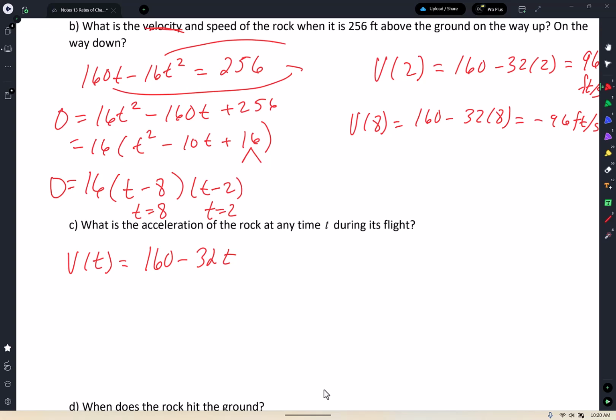And here it is. Acceleration with respect to time equals dv/dt. I'm showing that I'm taking the derivative. And I got negative 32. Are you shocked? No, you should not be shocked. It's negative 32 feet per second squared all the time. Always. For any time t.